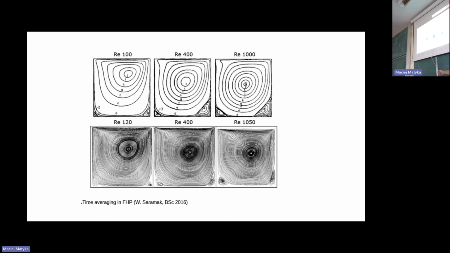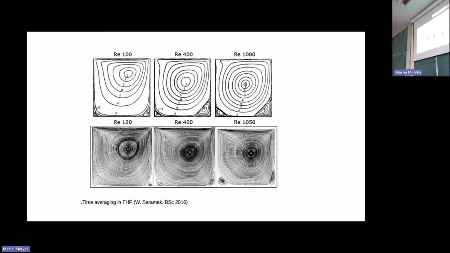But anyway, what she did was calculate lid-driven cavity flows with FHP on quite large grids. It could be larger, as you can see here in the corners. You see something, but it's almost there, yeah? And she compared to the literature data one to one, for the same Reynolds numbers. She observed all the phenomena that we see here.